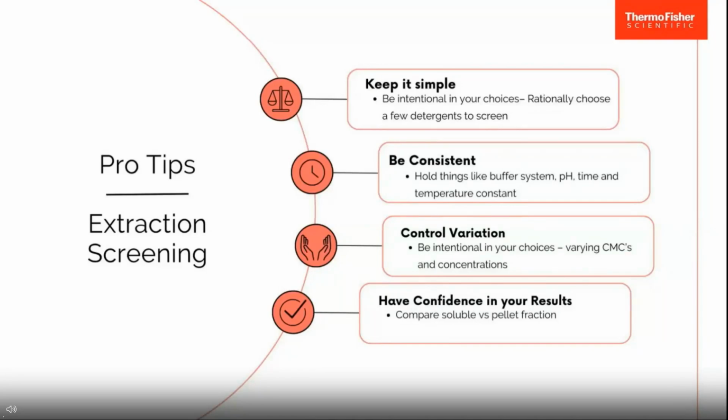Assessing the efficiency of extraction involves comparing the amount of protein solubilized in the supernatant versus what remains behind in the pellet. So you can utilize the GFP fusion tag that can significantly streamline this assessment, as the fluorescence provides a quick and reliable measure of soluble protein.